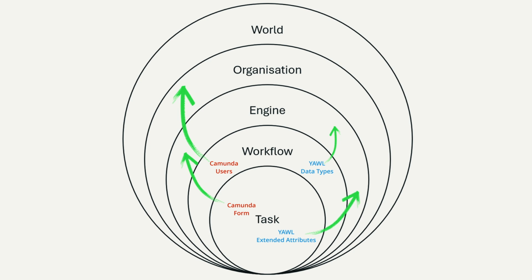So the tendency is that these systems define these things in scopes that are too small, and this leads to problems in practice. So we had one project where we had about 30 or 40 workflow specifications, and they all shared the same data types.